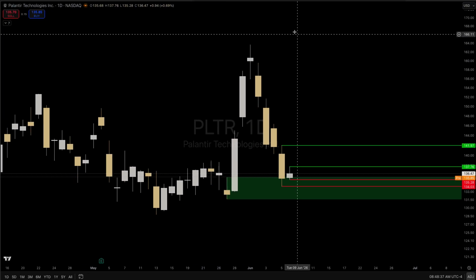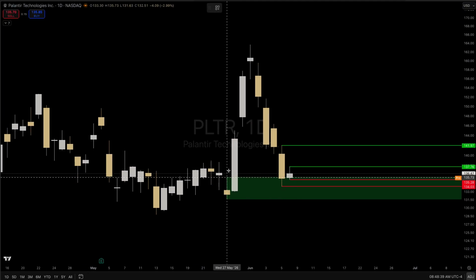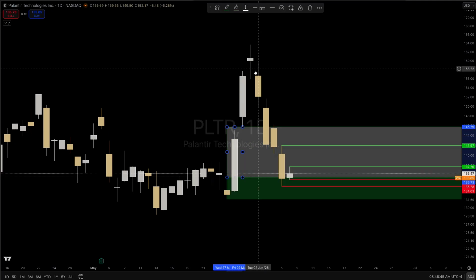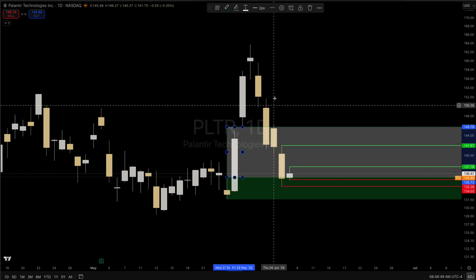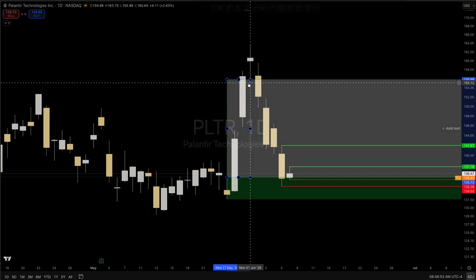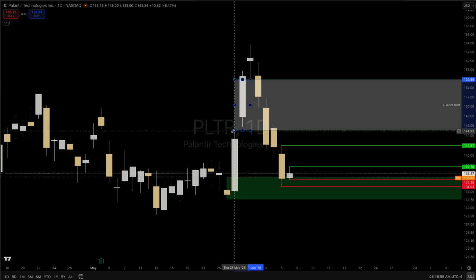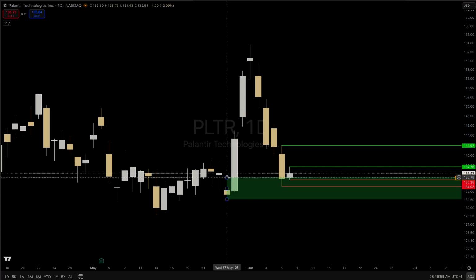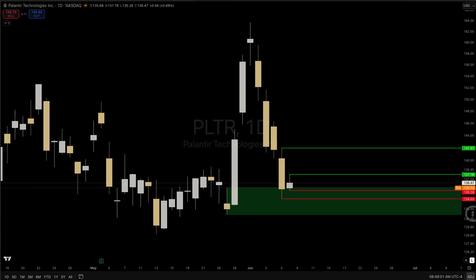Then you can also see we made these imbalances. If I draw this, this is the imbalance: the price pushed up so fast that a lot of people didn't get a chance to enter the trade. So this is the order block we have here.